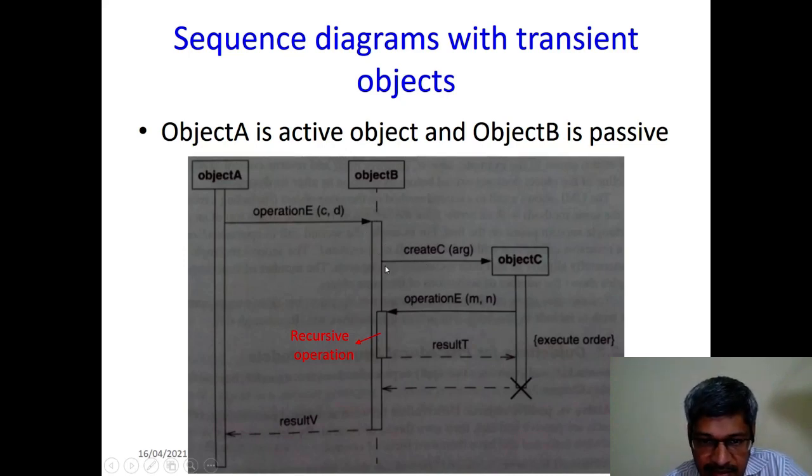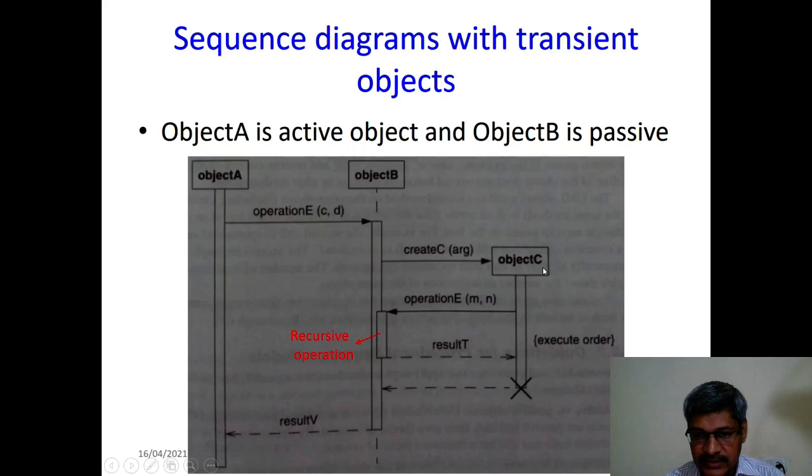That means it is in the active state, and for example in this case it sends create C with an argument. That will create this object C here, so object C is created when this message comes here, when the operation create C is called with this particular argument.